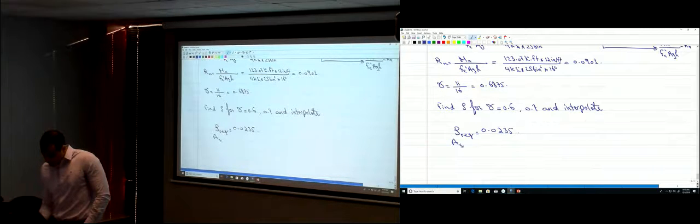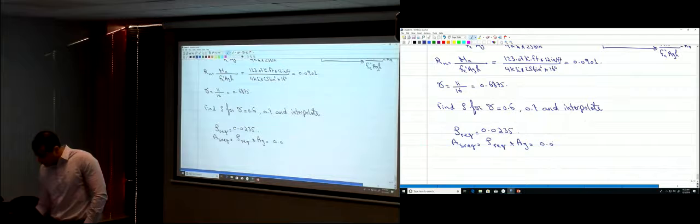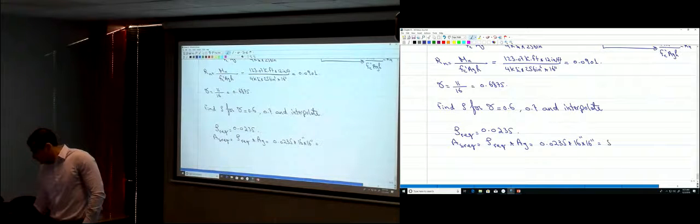So therefore the area steel required is rho required, it's not BD, it's multiplied by the area gross over here. So 0.0235 multiplied by 16 inch, so you need 5.89 inches squared.